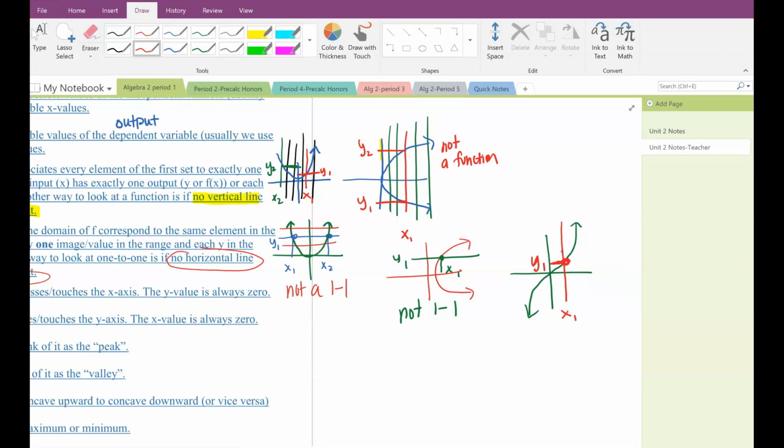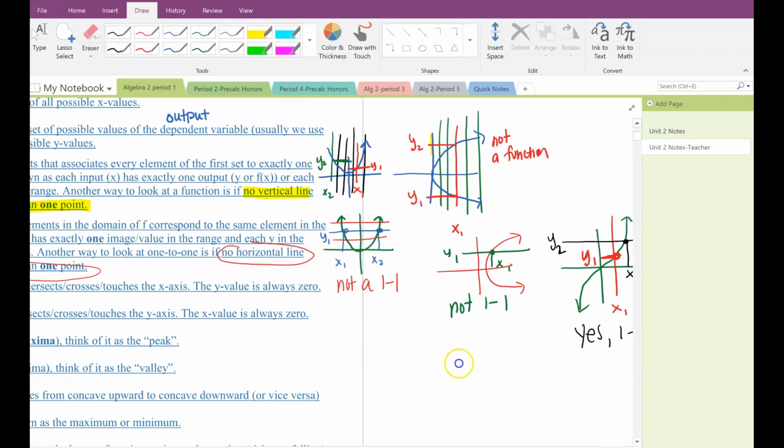Now, how about horizontal line tests? If I draw a horizontal line test, let's call it y2, one y is mapped to exactly one x. So this one is a one-to-one. Again, a one-to-one function must be a function first.